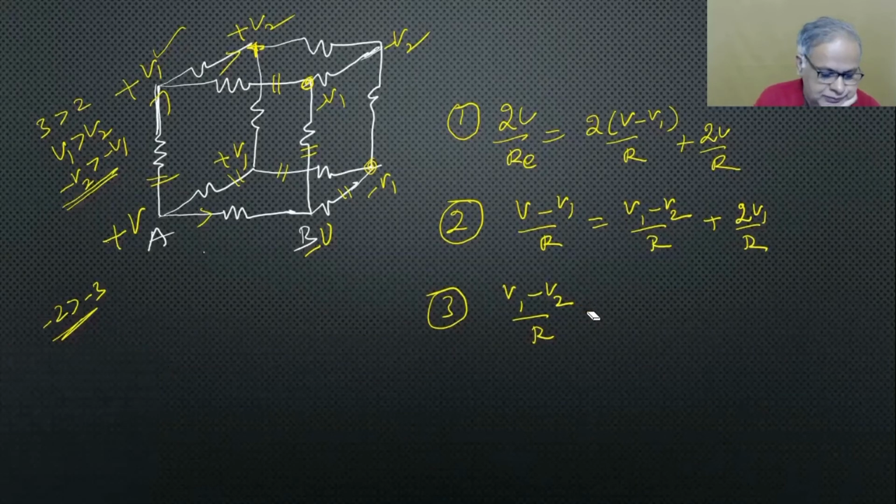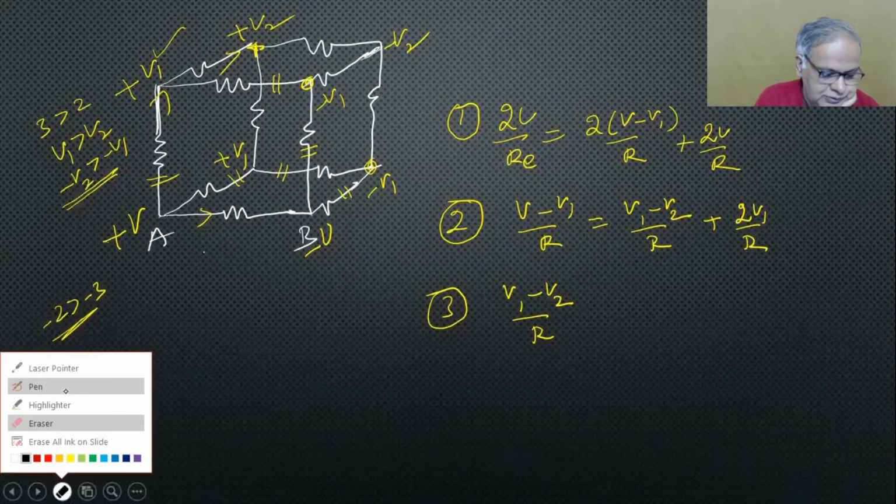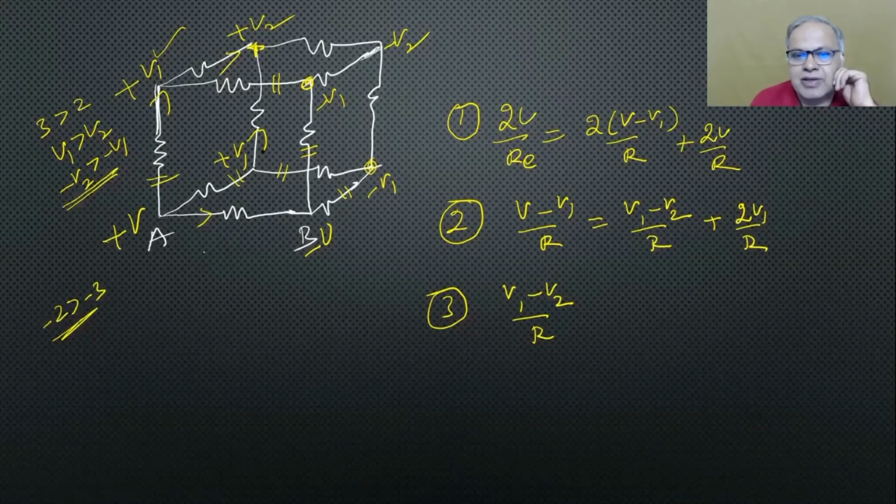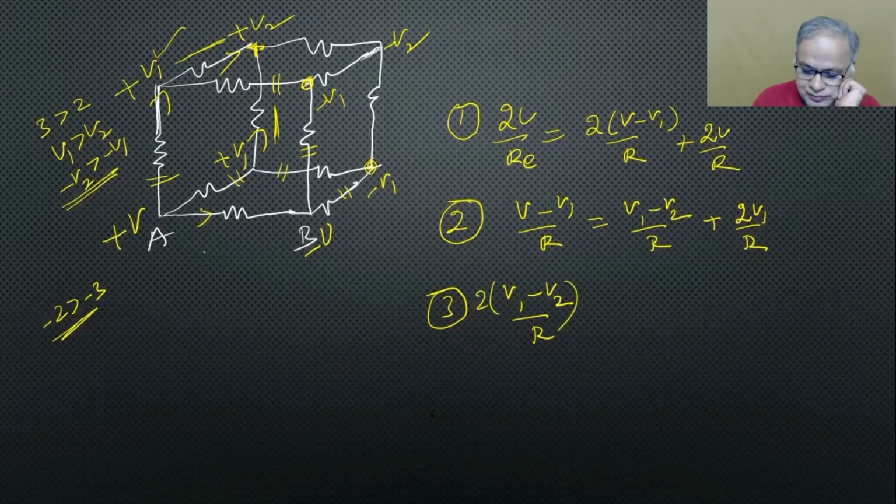Sir, 2 times V1 minus V2 by R. V1 minus V2 by R, and this also going that way. Sir, I'm dividing that current into those two. Okay, understood, sir. Oh no, you cannot come from V2 to V1. You'll go from V1 to V2 because V1 is greater. Yes, sir. So V1 minus V2 by R here. V2 plus V1 minus V2 by R equals 2 times, isn't it? Is equal to 2V2 by R. After that, 2V2 by R. That is it. Yes, sir.